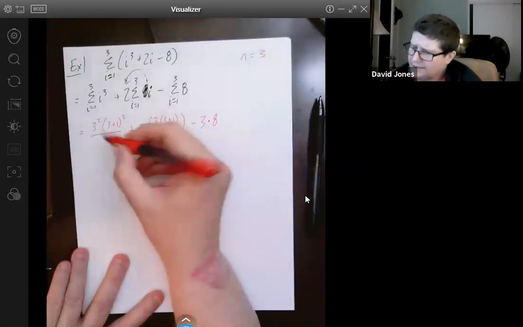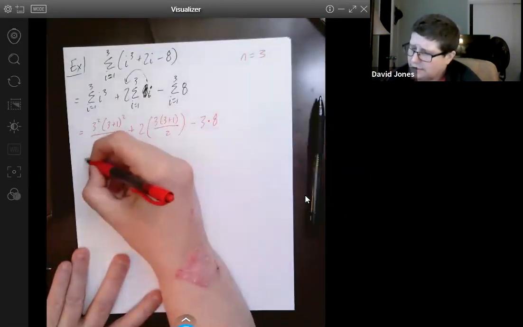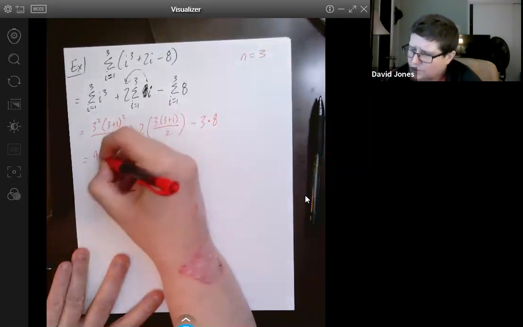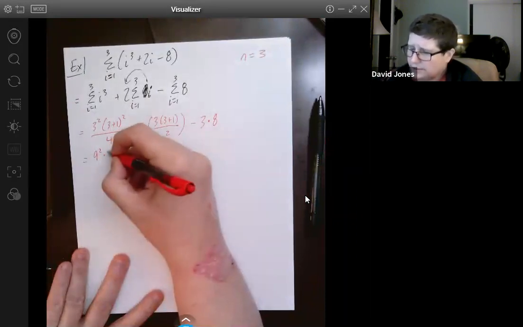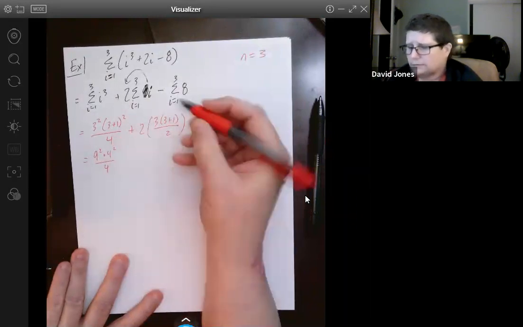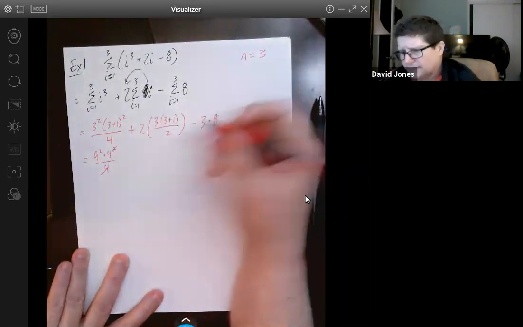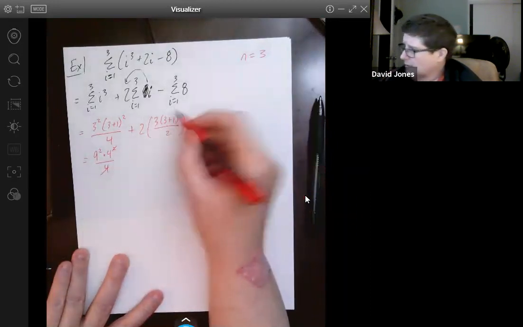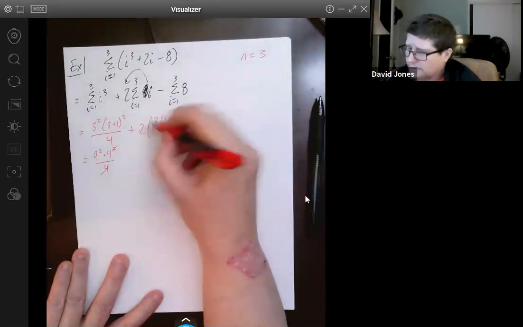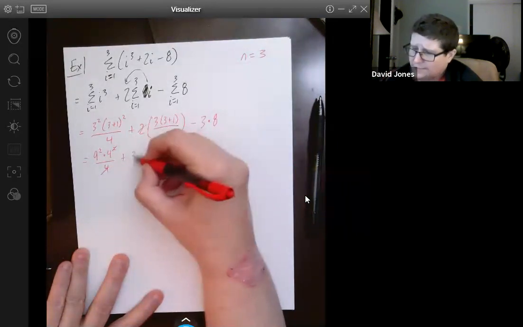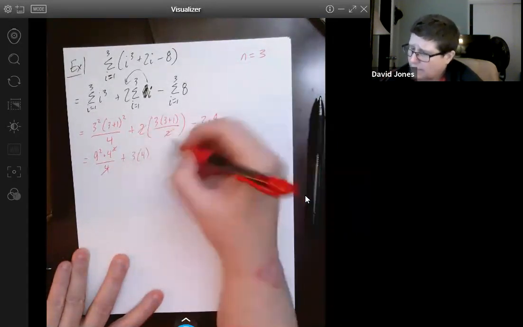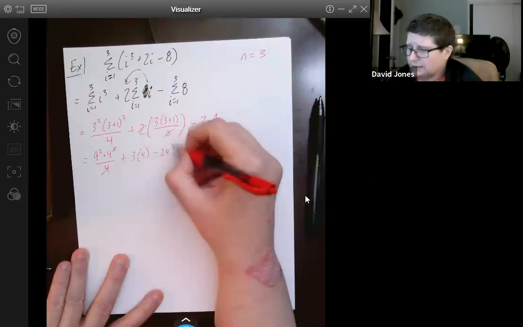What does this end up giving us? So we've got, this is n squared times 4 squared over 4. One of the 4's will cancel on top and bottom. And look here, the 2's cancel. I just got 3 times 4 minus 3 times 8 is 24.